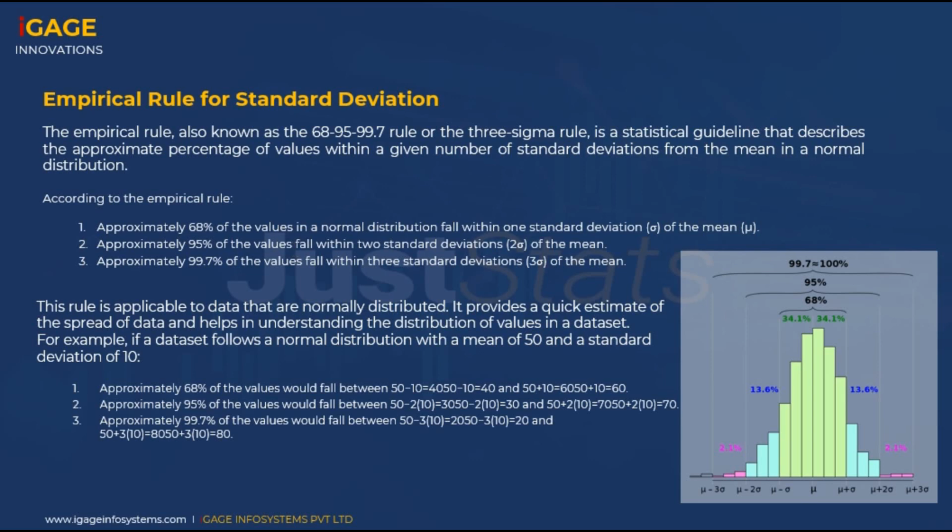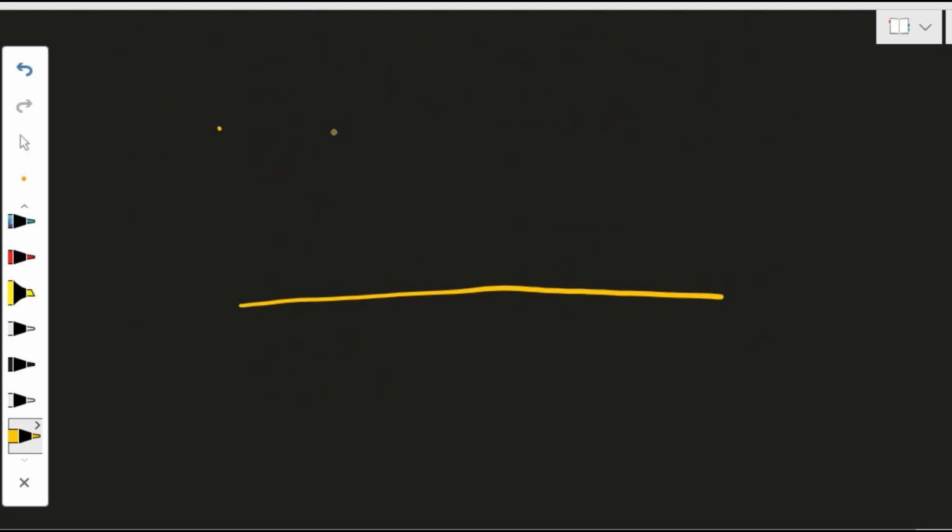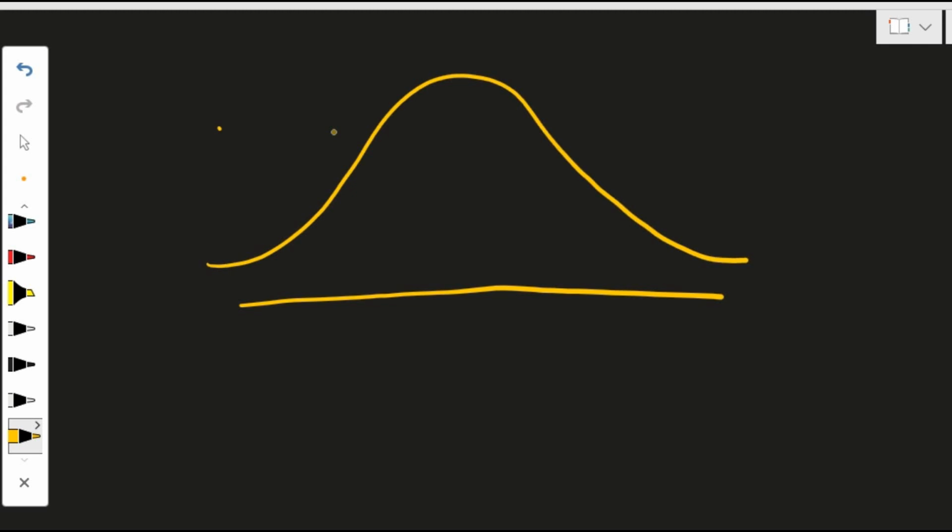Let me show you on the graph itself. Suppose this is the graph of normally distributed data.